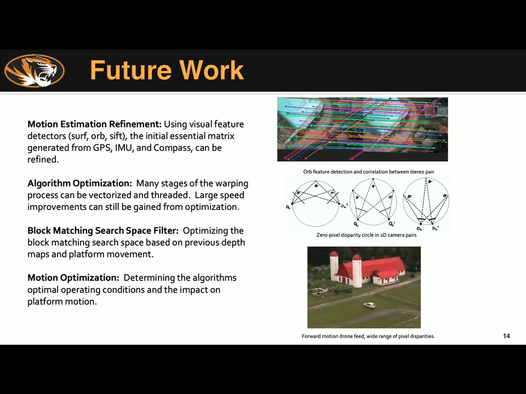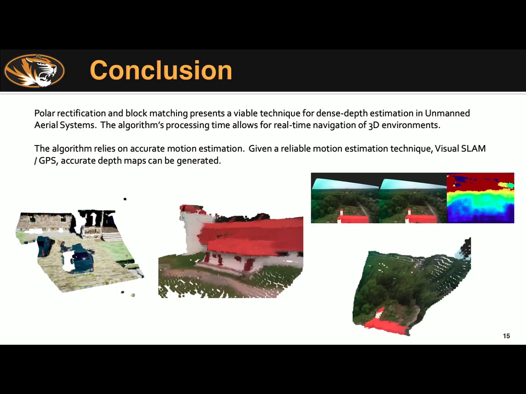So we could probably be cranking out 10 to 100 times more depth images per second. And then a few things with optimizing the search space, making it run a little faster, a little better. But to conclude here, I've got a couple of images.